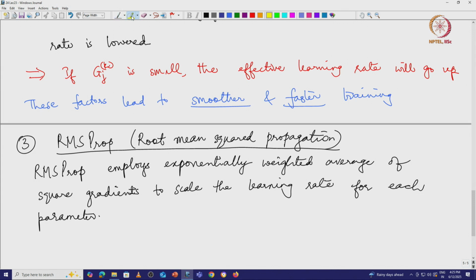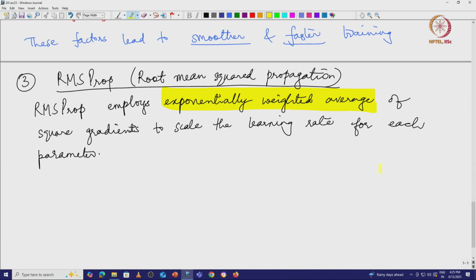What this means is that you also start forgetting the gradients beyond a certain point. It is not just that you accumulate the squared average; beyond a point, what happened several iterations ago is not important. So, we need to exponentially weight them. We need to sort of forget the memory of large gradients from far ago. So, this is done as follows.